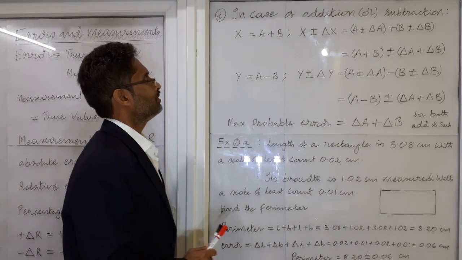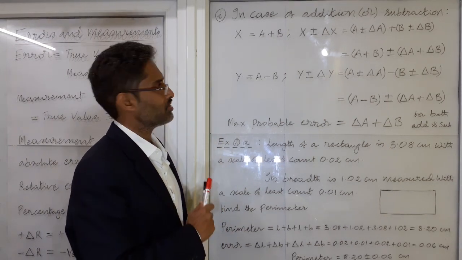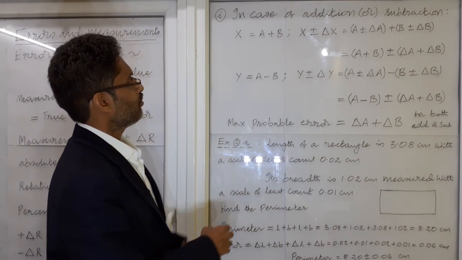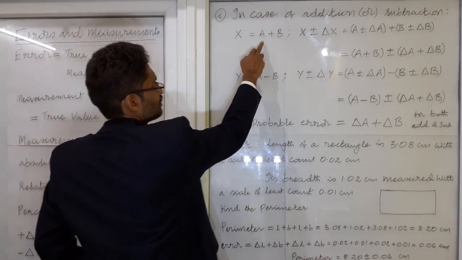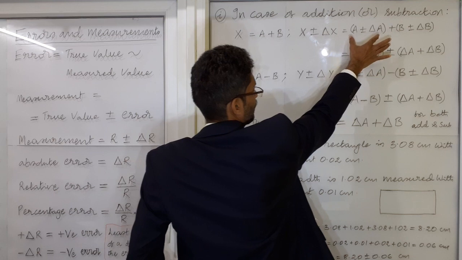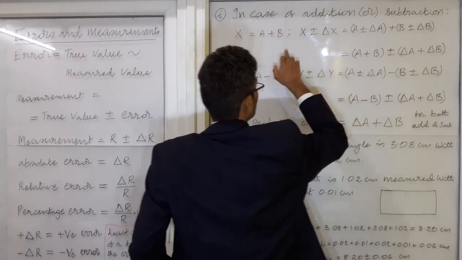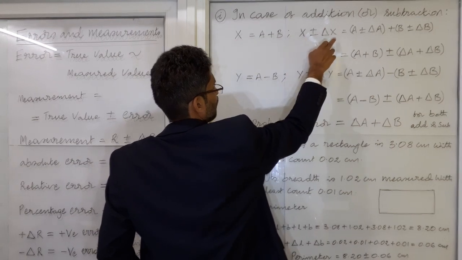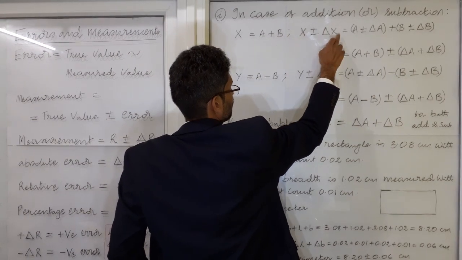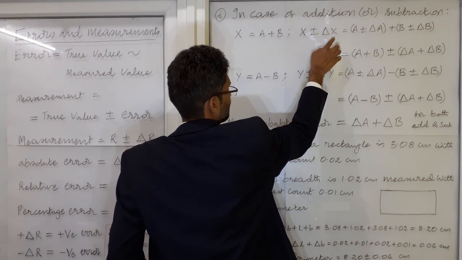Now, we take the calculation of error in the case of addition or subtraction. I take a quantity x, which is the sum of two quantities, a plus b, where a has an error delta a and b has an error delta b. So the final measurement can be considered as x plus or minus delta x.